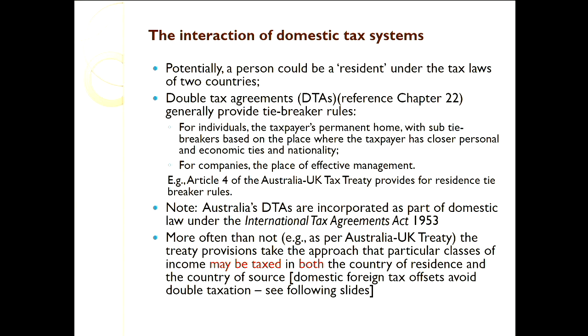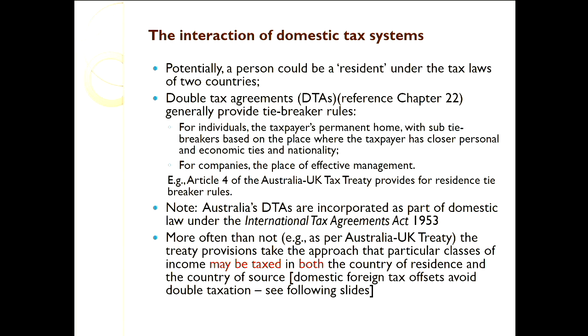If you look at the double tax agreements and what they're trying to achieve, what I did have a look at in the last couple of months is the Australia-UK double tax treaty. They allocate taxing rights.